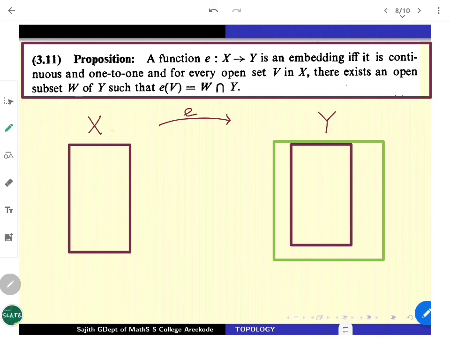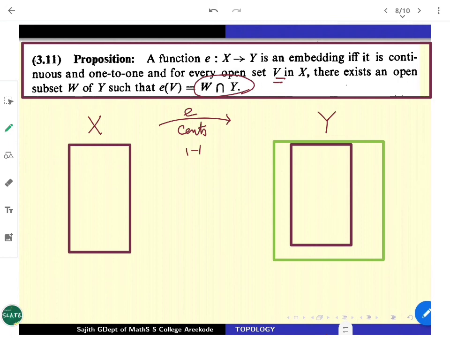A function E from X to Y is an embedding if and only if it is continuous, it is 1 to 1, and for every open set V in X, the image E of V can be written as W intersection E of X, where W is an open set in Y. That is the proposition it says.